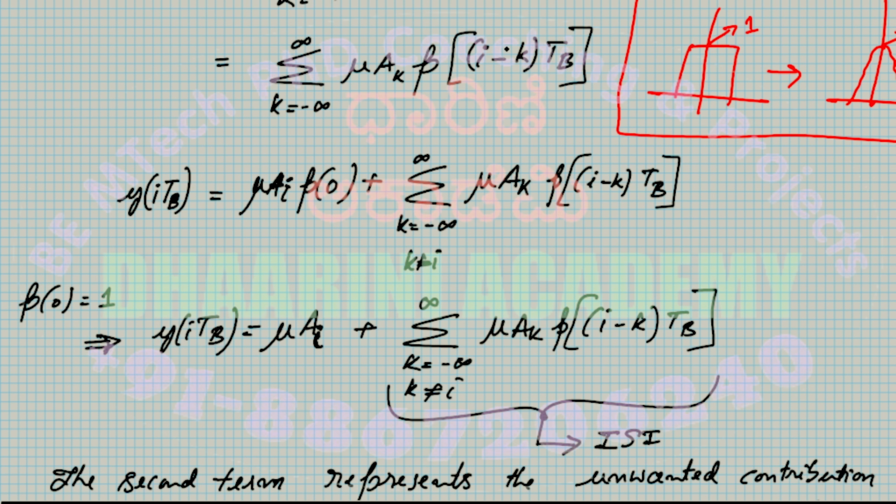So P of 0 becomes 1 whenever i is equal to k, correct? Because of that, now I try to rewrite this. Y of iT_b is equal to mu into a_i, because i is equal to k. So a_i P of 0, plus the remaining part of the summation all the way from minus infinity to plus infinity, but k cannot be equal to i.